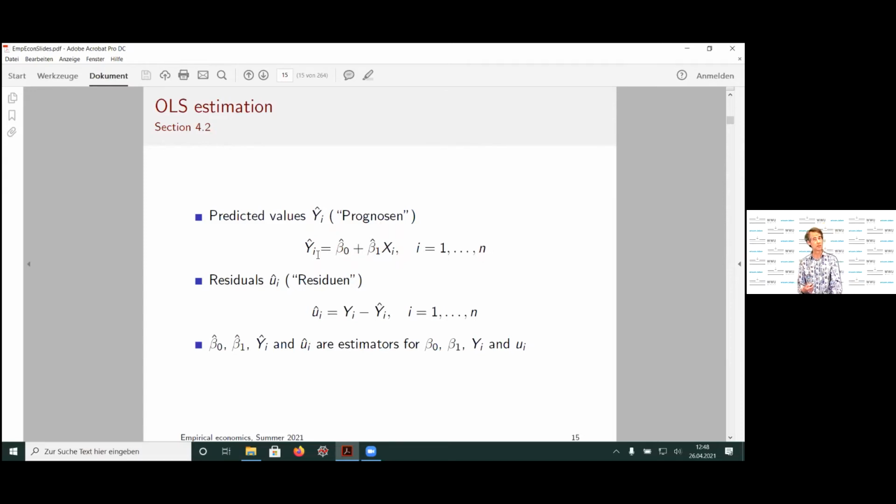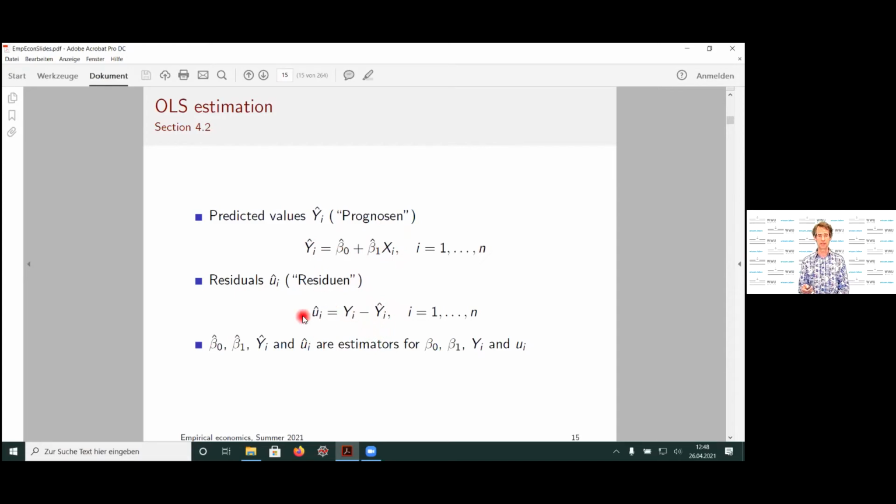Of course, this is not the value that we actually observe. What we actually observe is yi. And of course, yi and yi hat need not be identical. In general, they are not identical. So there's a difference between the value that we actually observe and the value that we would expect given our estimated regression line.